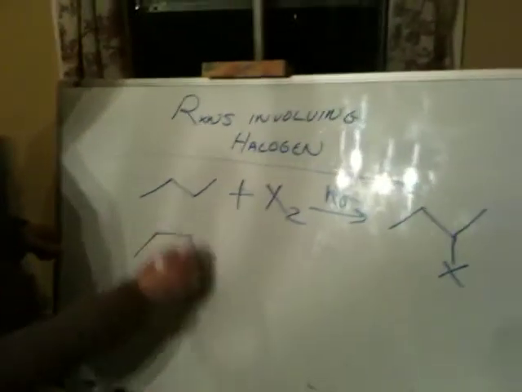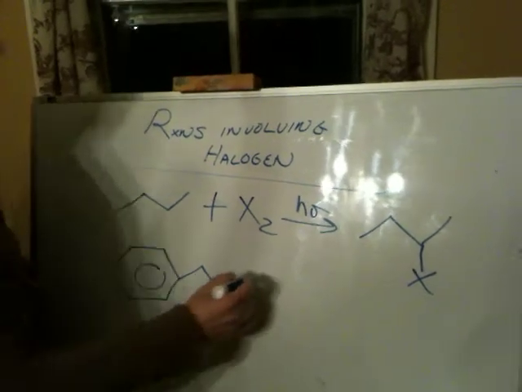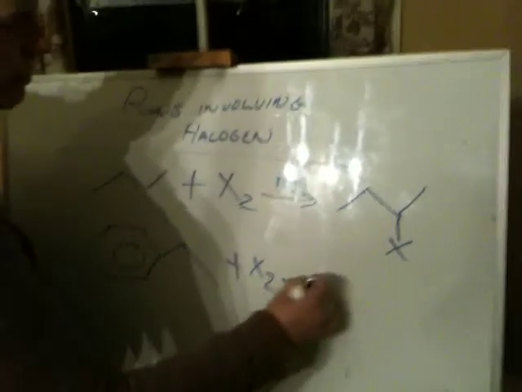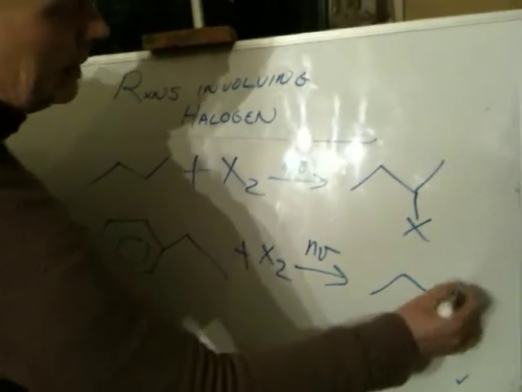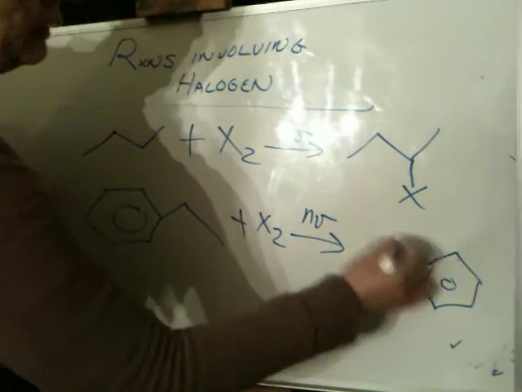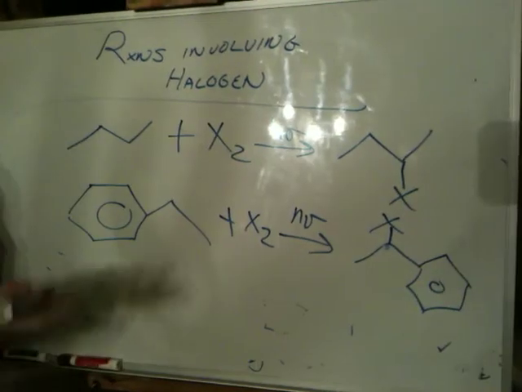So you can take these reagents and you could have an aromatic system such as this, and if you added X2 in the presence of light, you would obtain that compound.